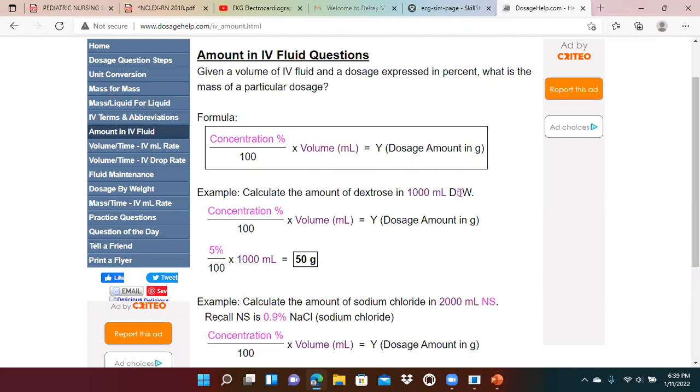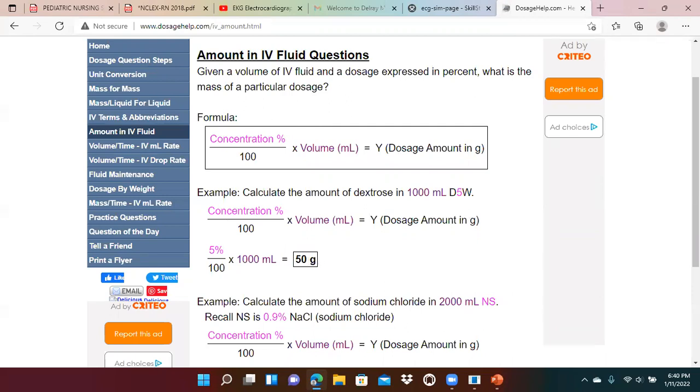This is the concentration, 5%, and in the formula 100 is constant. So concentration is 5, 100 is constant, and volume is 1000. We get it from the question, and we will get the mass of a particular dose amount in gram, 50 gram.